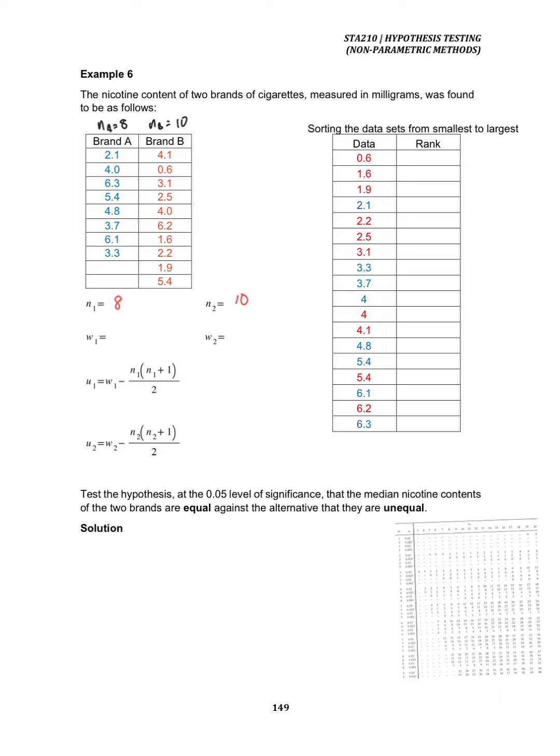Okay, now kita boleh bagi rank untuk kita punya data set. Saya dah sort dulu data saya, so senanglah untuk kita bagi ranking. The smallest one will be given ranking number 1. This one is ranking number 2, 3, 4, 5, 6, 7, 8, 9, 10, 10 and 11.